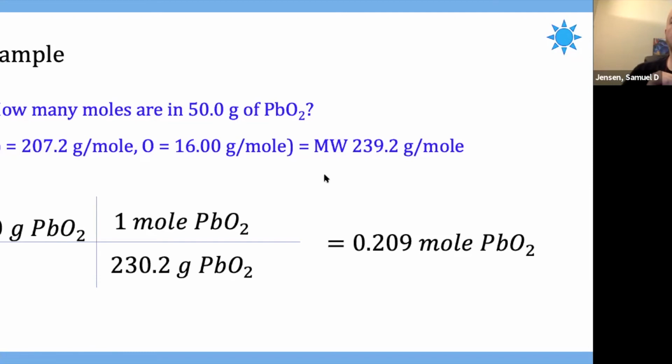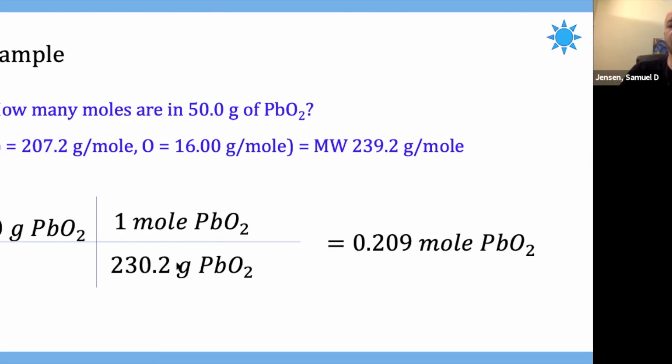Just like in the unit conversion we talked about before, we want to start with the simplest term. Mass is a simpler term: grams per mole is 2 units versus grams, which is 1 unit, and 1 unit is simpler than 2 units. So we want to start with the mass. That's where our step is going to be; that's what tells us where we're going to go.